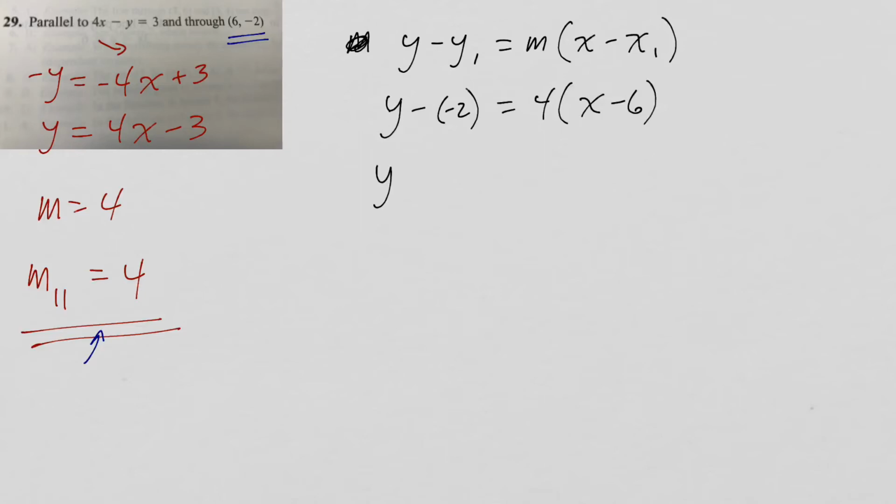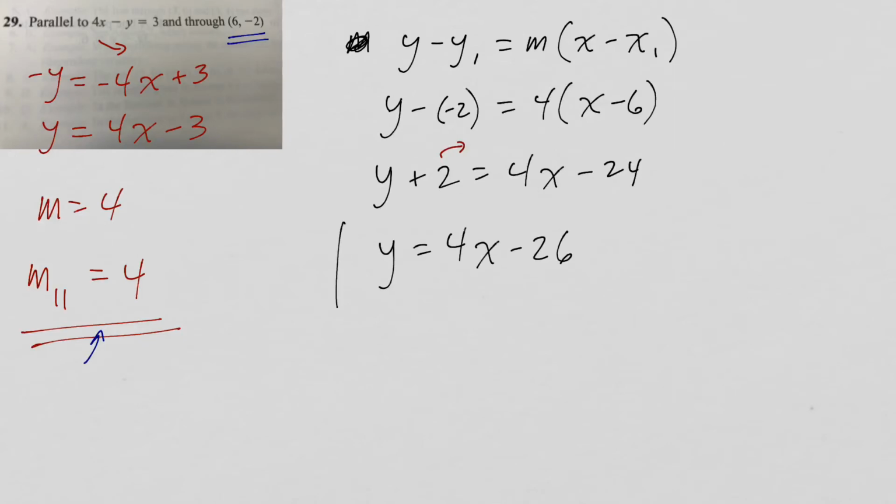So y plus 2 is equal to 4x minus 24. And we've got to move this 2 over by subtracting it. So y is equal to 4x minus 26.